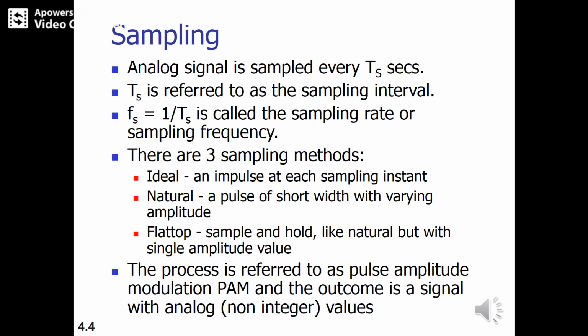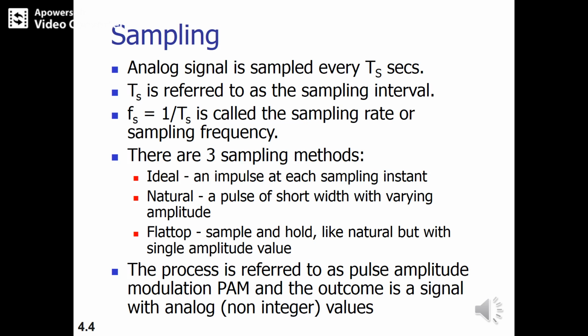There are 3 sampling methods by which we can sample the given analog signal. The first method is ideal sampling, the second is natural sampling, and the last one is flat top. In ideal sampling, an impulse at each sampling instant is taken. In natural sampling, a pulse of short width with varying amplitude is taken.